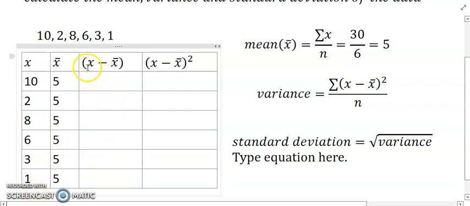Okay, to get this term, we're going to do it like this: x minus x bar, where x is this one and x bar is that one.